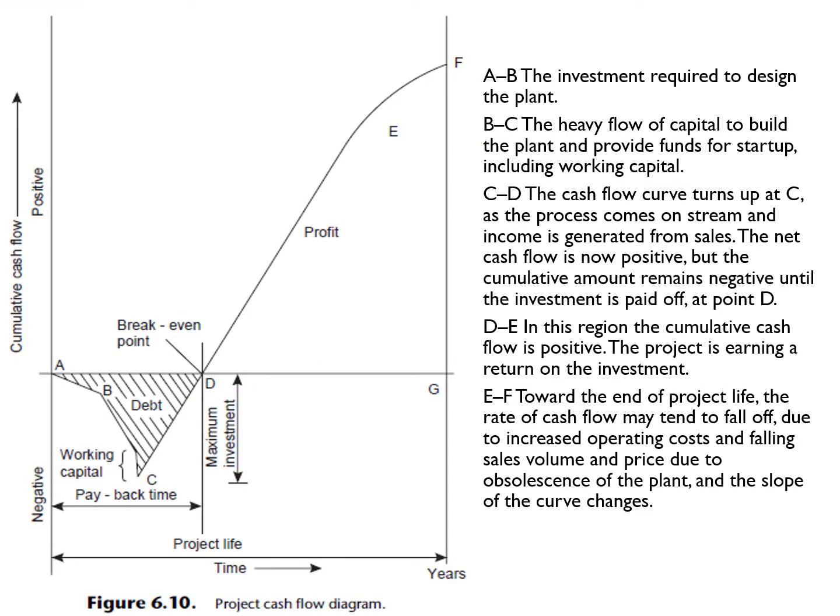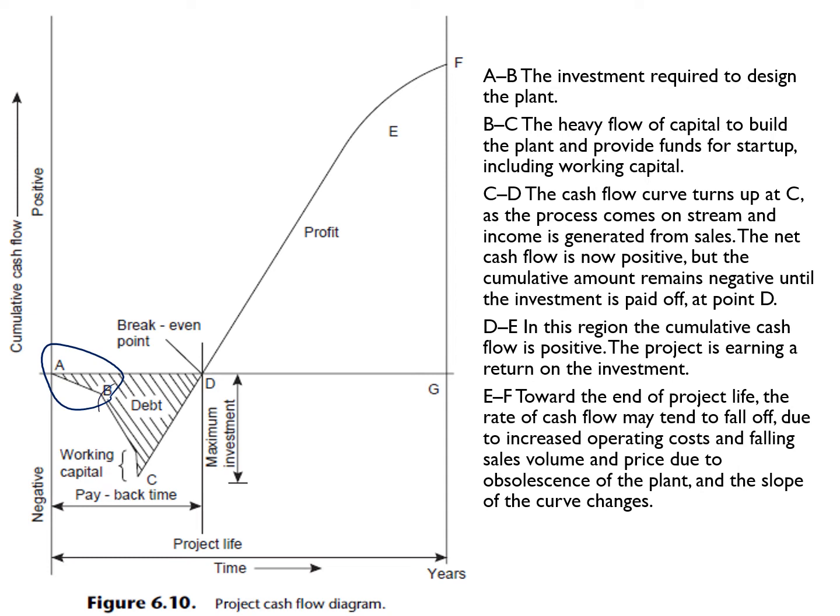Okay, so this is the graph of the cash flow diagram. We can see there are 6 points here. From point A to B, despite the investment required to design the plant. This is the stage whereby we start to design the plant. B to C is the heavy flow of capital to build up the plant and provide funds for startup, including working capital.